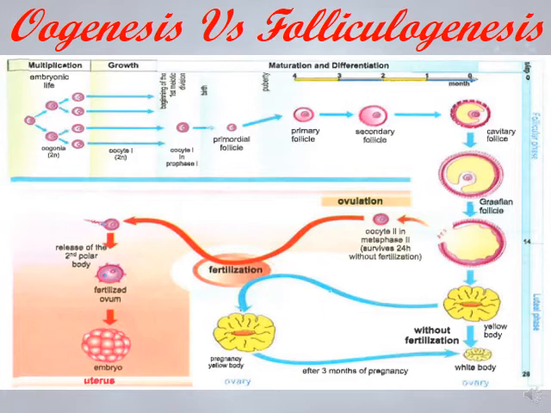If fertilization occurs, we have the release of the second polar body, the fertilized ovum, and then the embryo, which moves to the uterus, while the yellow body will persist for about 3 months during pregnancy. Without pregnancy, the yellow body will be transformed into the white body and will degenerate immediately. So this is the oogenesis versus the follicular genesis.